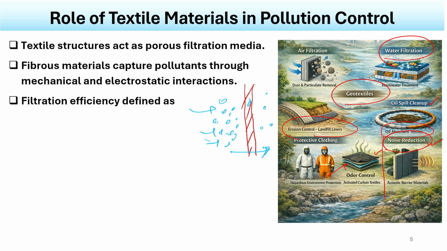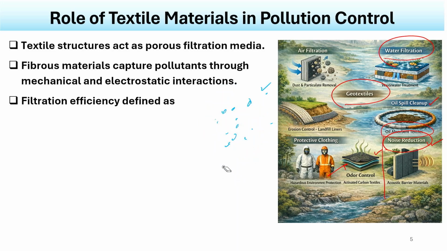Now, most of the particles are entrapped either within the structure or at the upstream surface. This is the upstream surface. So, depending on the mass of these particles which are coming along with the air and which are passing through the filter media, that ratio is expressed as filtration efficiency.